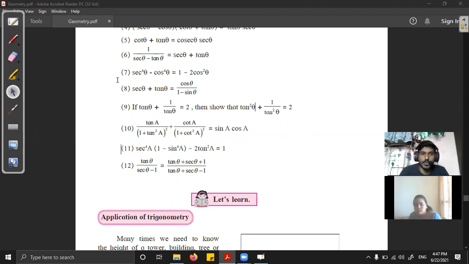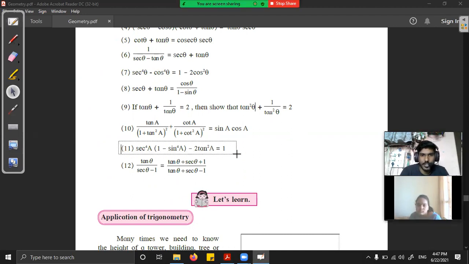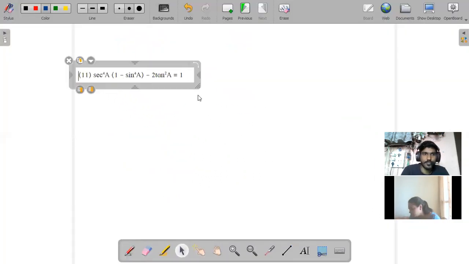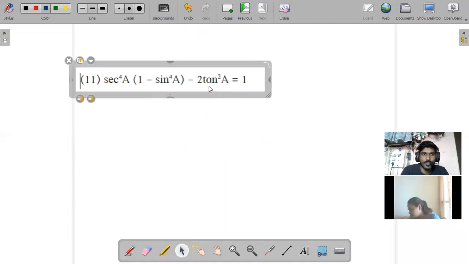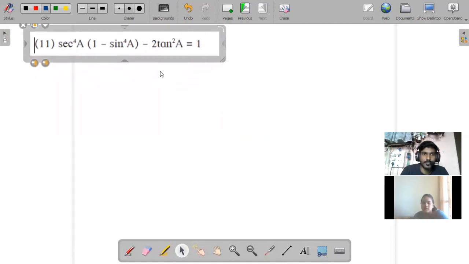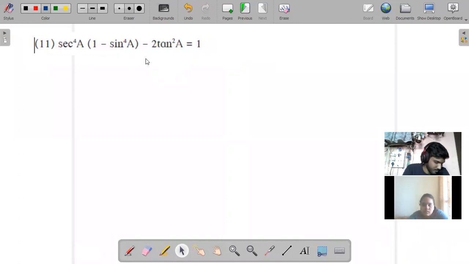Okay, let's do the 11th one. Do you know how to do the 11th one? Can you try? Sec raised to 4a. Sec theta will be 1 upon cos.